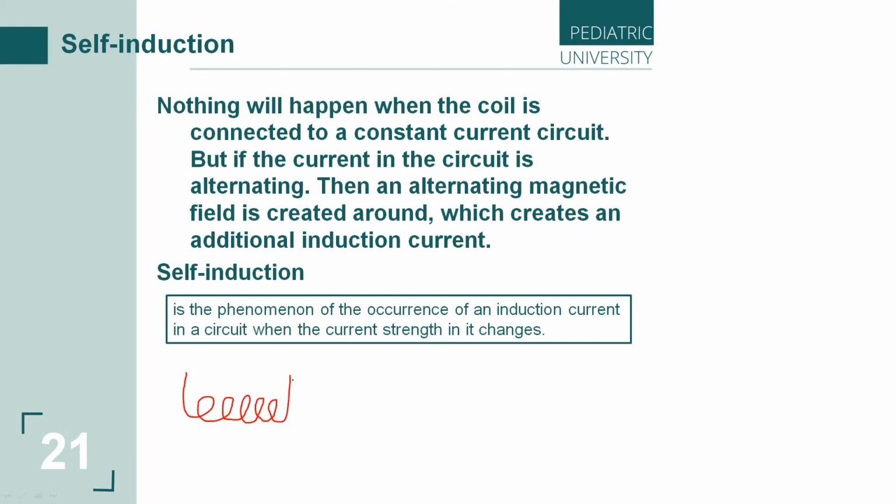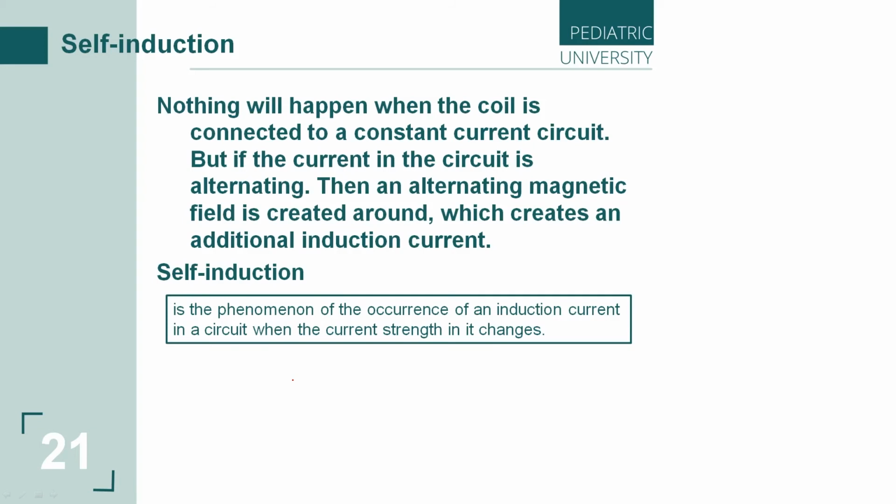But if the current in the circuit is alternating, then an alternating magnetic field is created around it, which creates an additional induction current. Hence, we have a definition of the phenomenon of self-induction. Self-induction is the phenomenon of the occurrence of an induction current in a circuit when the current strength in it changes.